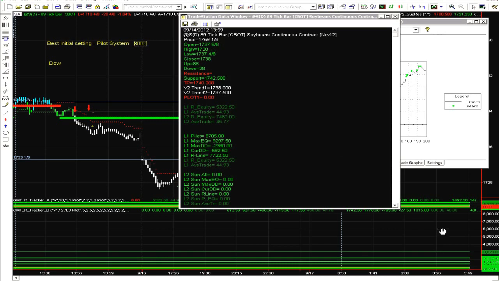Okay, so let's have a look now at what's happening with our system. It's got a profit of $8,705, so just slightly up over that. What you're looking at here is your general run-of-the-mill TradeStation data window.